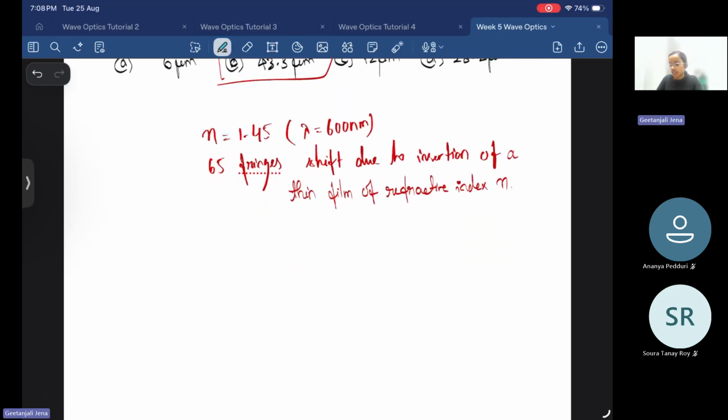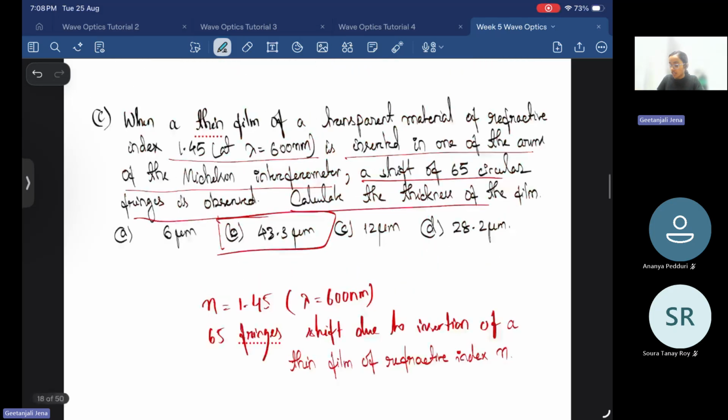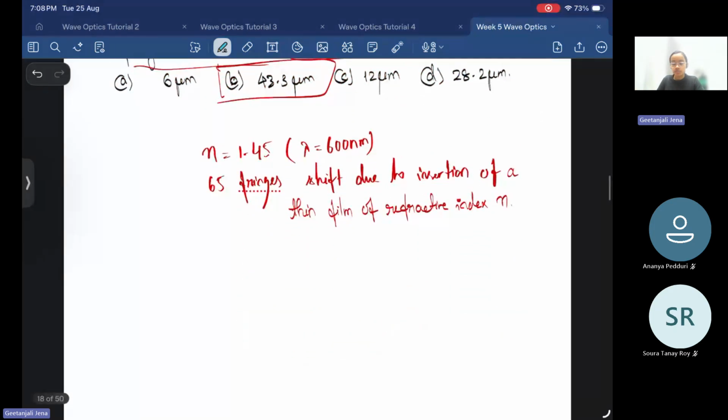So when we insert a thin film of thickness T, what is the optical path difference that will be introduced?